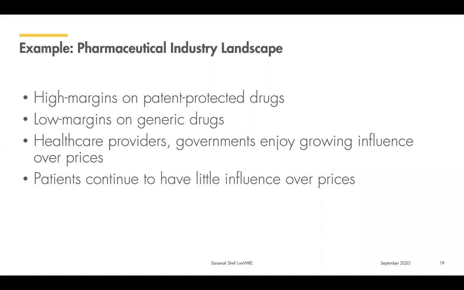You have the government, you have large companies, you have companies manufacturing generic drugs, but normally the patient has little say. If you have high blood pressure and it's a patented product, then you will have to pay a premium. If it's generic drugs, then a lot less, right? So that's the nature of the industry.